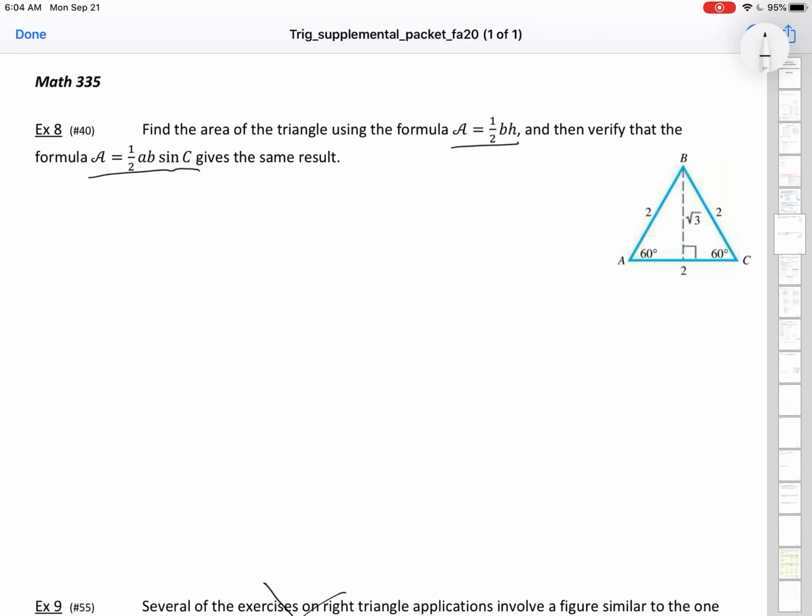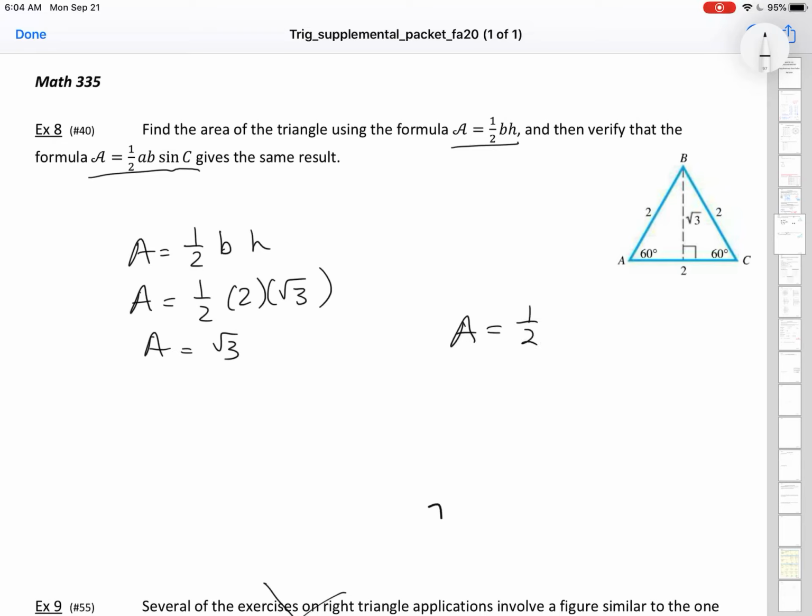And so let's take a look at it. Let's use the area is equal to the 1/2 the base times the height formula. So the area would be equal to 1/2 times 2, and the height is root 3, and so the area would be equal to root 3 using that formula. If we use the other formula, the area is equal to 1/2 a, which is 2, b, which is also 2, and sine c would be the sine of 60 degrees.